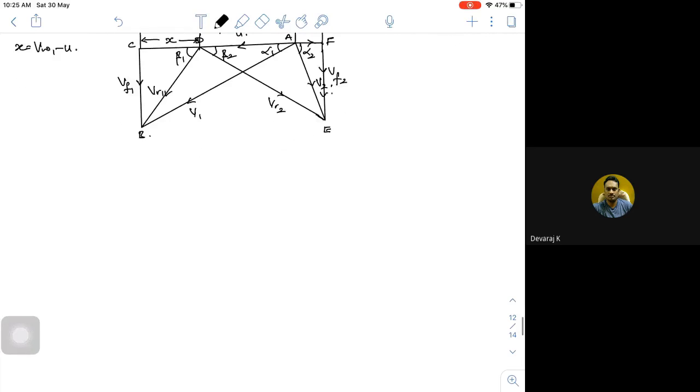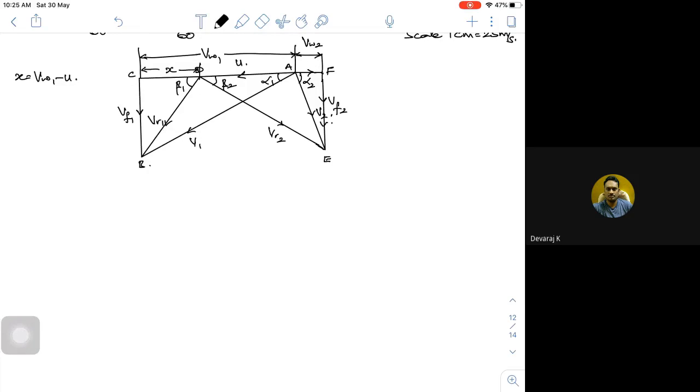Okay. Let's first find the angle. If I take sin alpha 1, sin alpha 1 is equal to Vf1 divided by V1, or Vf1 is equal to V1 sin alpha 1.